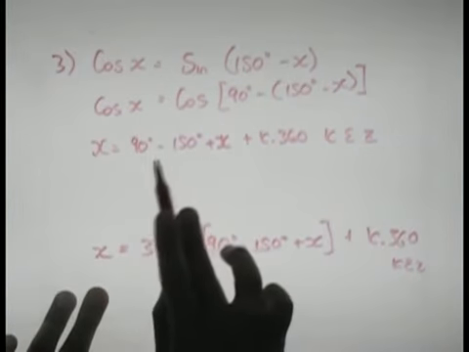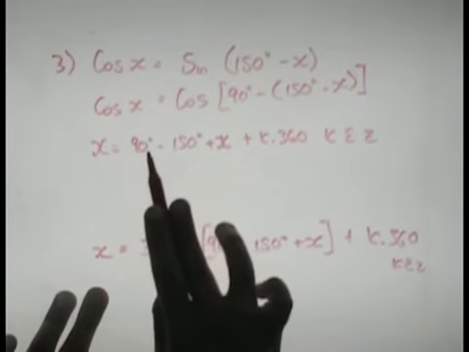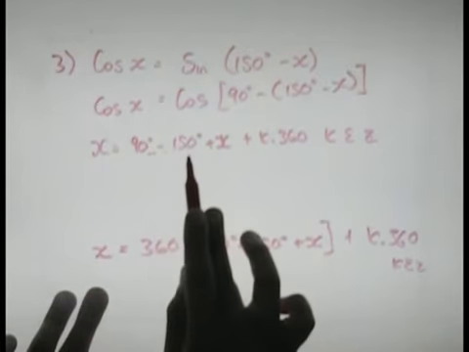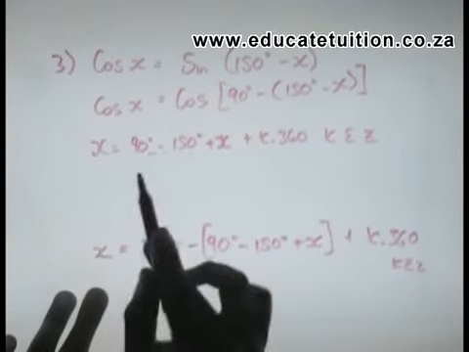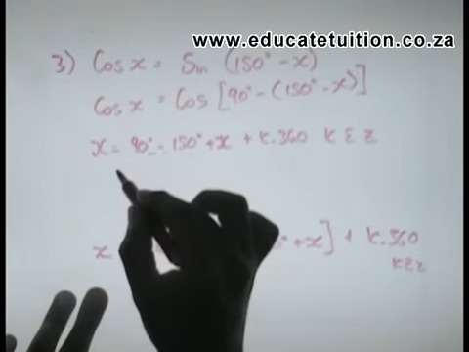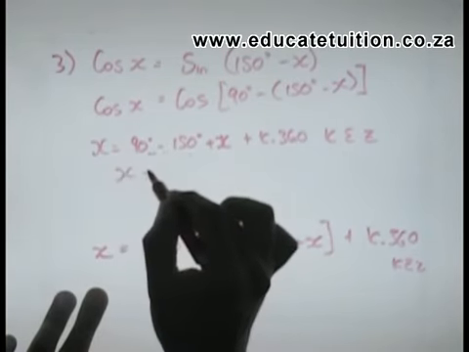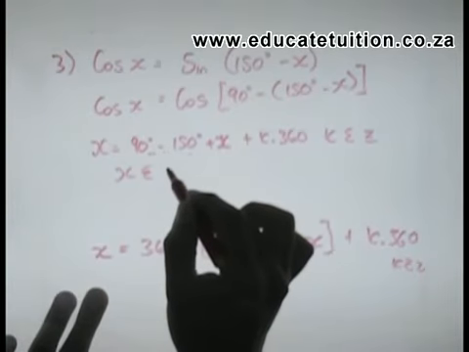This is going to be x is equal to 90 degrees minus 150 degrees plus x. Take the plus x across, it becomes x minus x, which is 0. So for here, x could be anything.